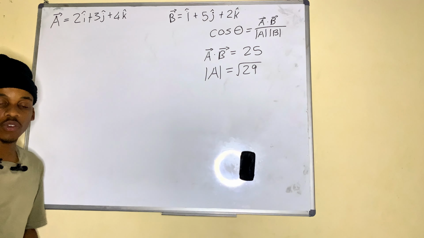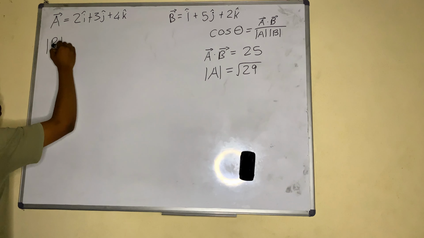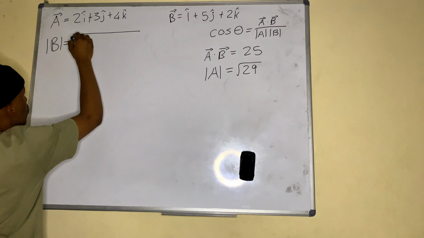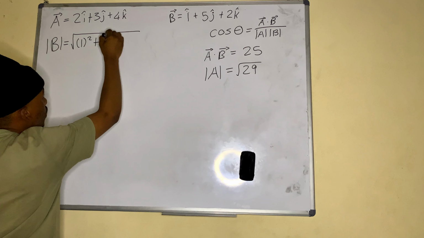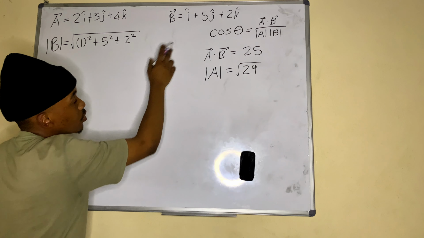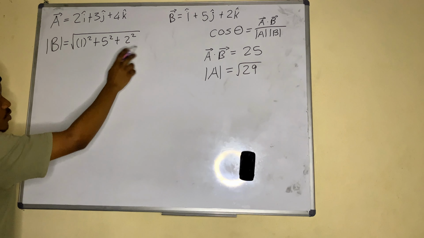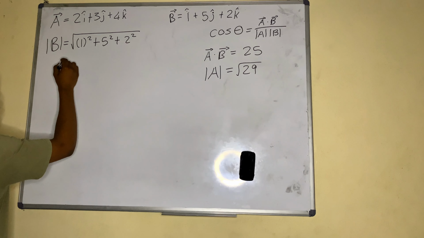We will now solve for the magnitude of vector B. It's 1 squared plus 5 squared plus 2 squared. We have squared every component that is found in vector B, and we've inserted it under the square root.